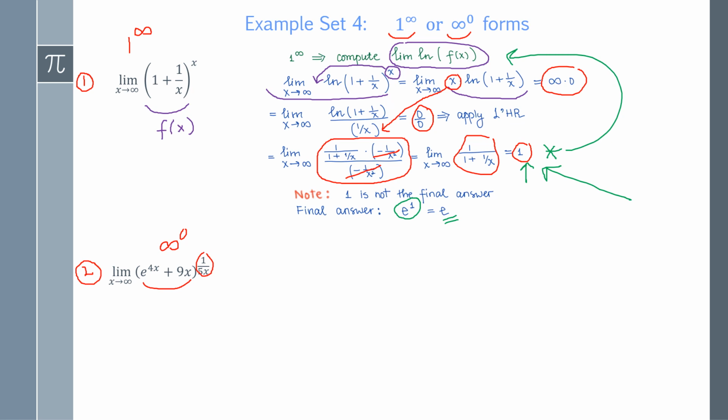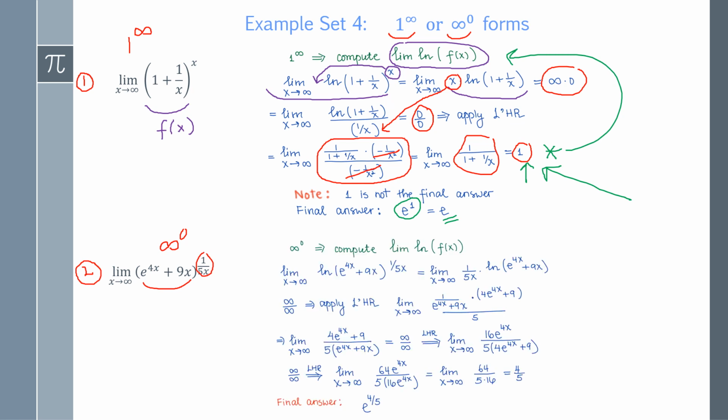All right, what is the trick? The trick is the same. We need to take the natural log of our function and compute that limit. So let's go through the steps. Okay, so the limit as x goes to infinity of natural log of e to the power of 4x plus 9x, all of that raised to the power 1 over 5x.